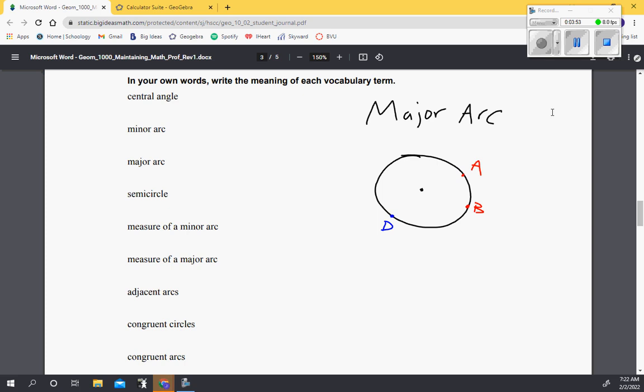This here is a minor arc. The major arc of AB has to go through D. So A, D, B. And that's how we would label that. It would go like this. And that would be a major arc.